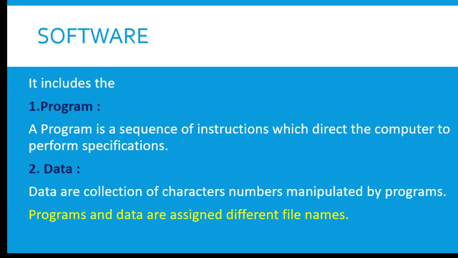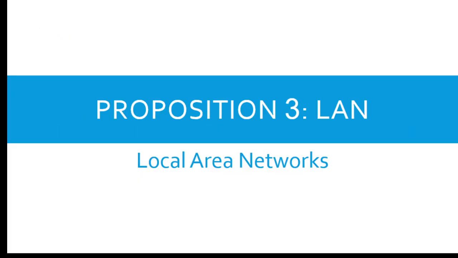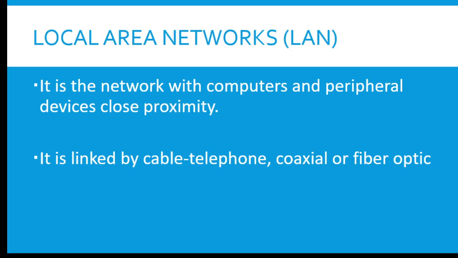Next is data. Data are a collection of characters and numbers manipulated by programs. So the software will manipulate the data. Programs and data are assigned different file names. And the last, proposition number 3, that is LAN, which is called local area network, in which we connect one computer with another computer.